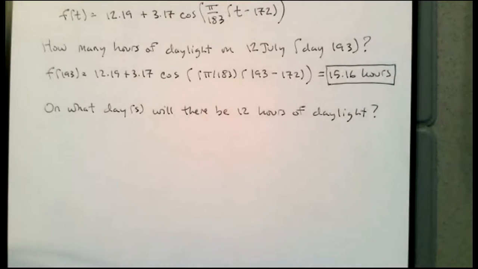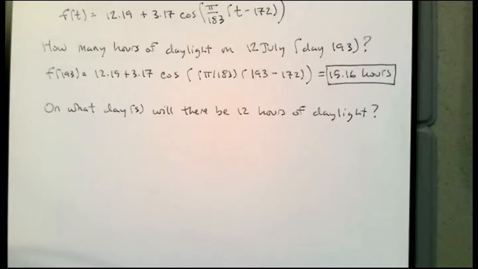So at this point, we're going to need to solve an equation. Also, I threw in that S in parentheses after days because we should expect there to be more than one day where there's going to be 12 hours of daylight, because we go up to 15.13 and drop all the way down to 9.02. So we're going to hit 12 hours on the way up to 15 and then 12 hours on the way back down to 9.02.